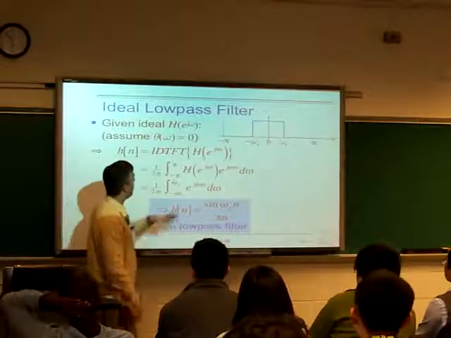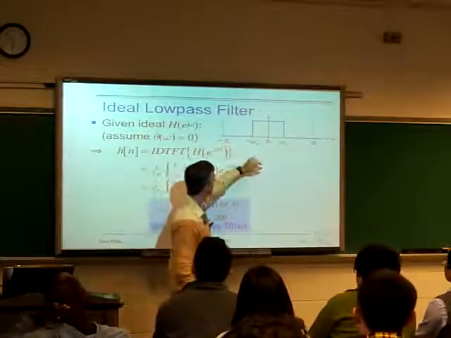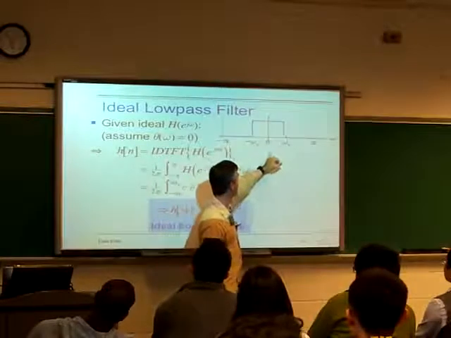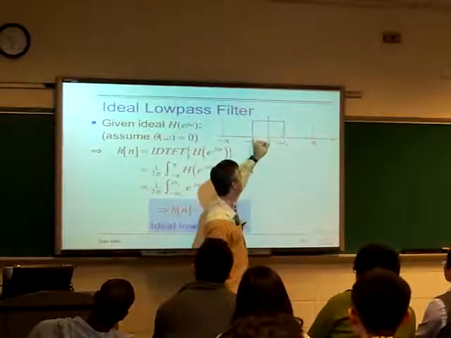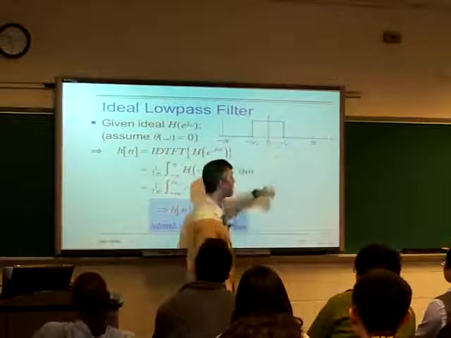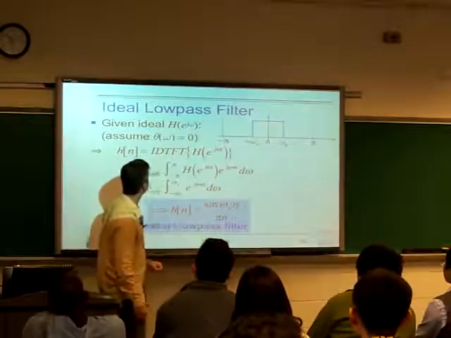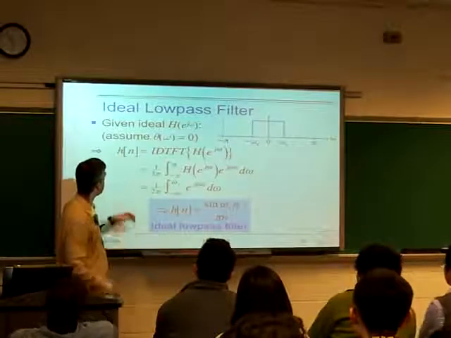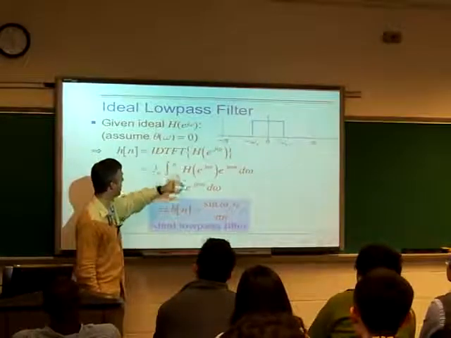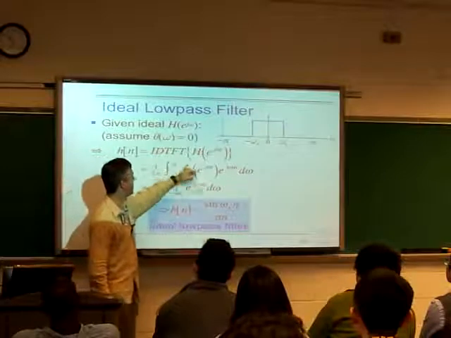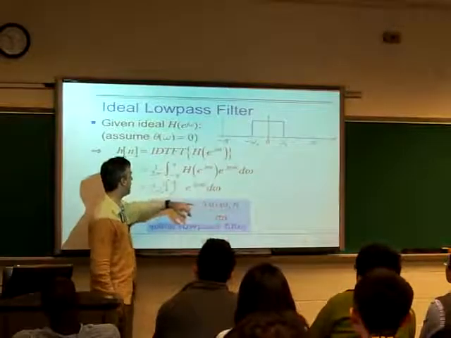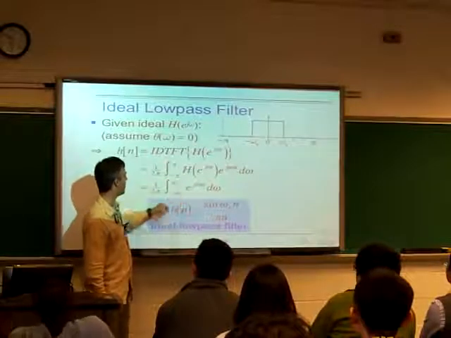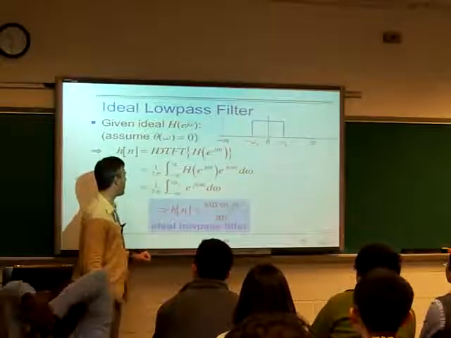So here's our frequency response. It's purely real. It's 0 between minus pi and minus omega c, and between omega c and pi, and then it's 1 from minus omega c to omega c. So we're passing both positive and negative frequencies so that we can get a real impulse response. The impulse response is just the IDTFT of this, which is the integral of this times e to the j omega n, with the range of the integral changed to minus omega c to omega c.